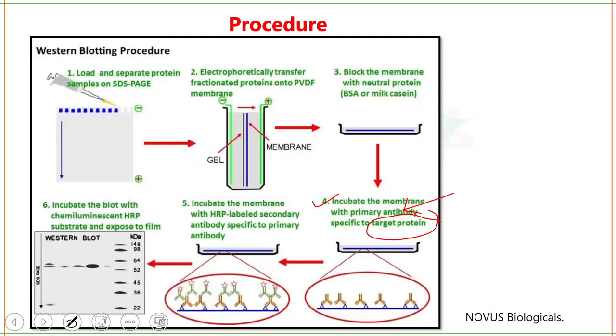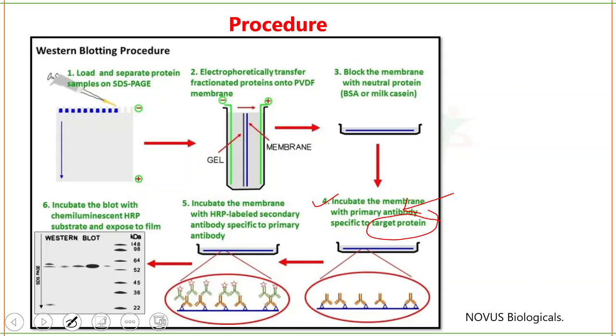Next, incubate the membrane with HRP-labeled secondary antibody specific to the primary antibody. So first, after the addition of the primary antibody, next you will be doing the secondary antibody.